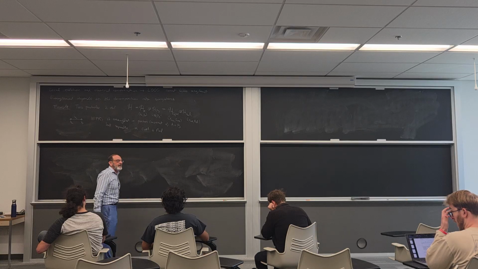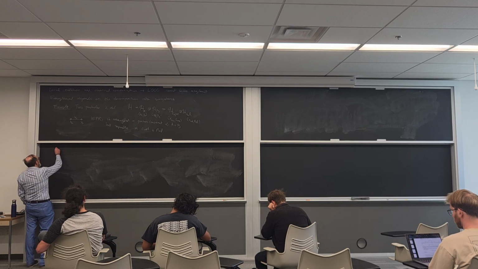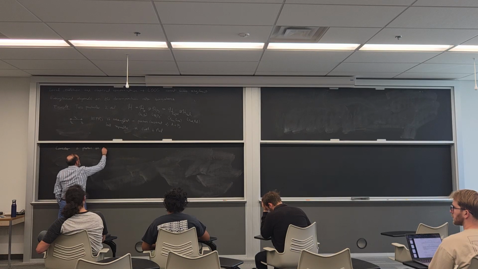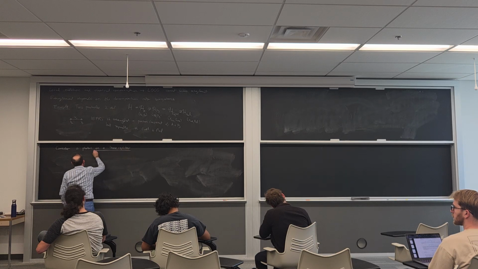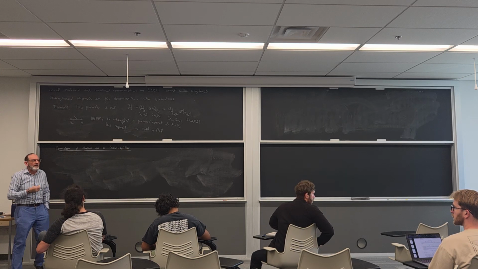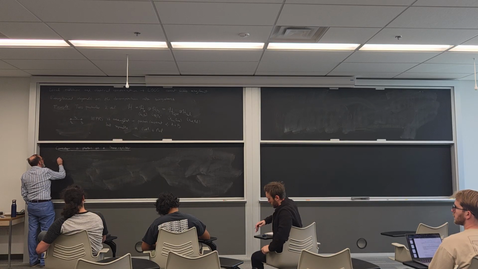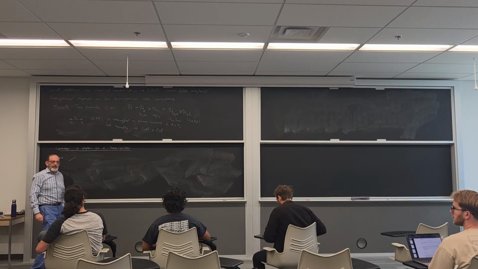So here's just an example for you to contemplate a little bit. Let's consider a photon on a beam splitter. Let's say I take a photon and it's incident on a beam splitter.